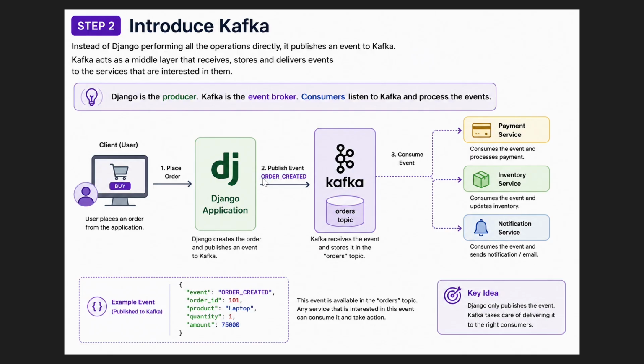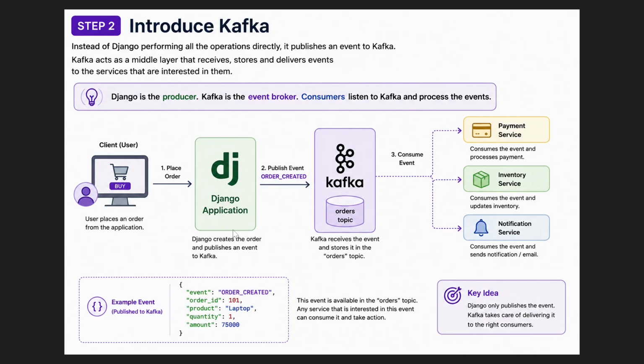Here, order created is the event the Django application publishes to Kafka. Now what exactly do we mean by an event? An event is basically information about something that has already happened.